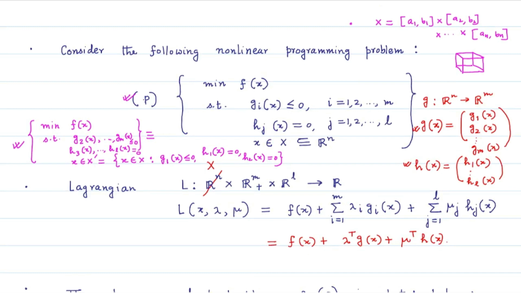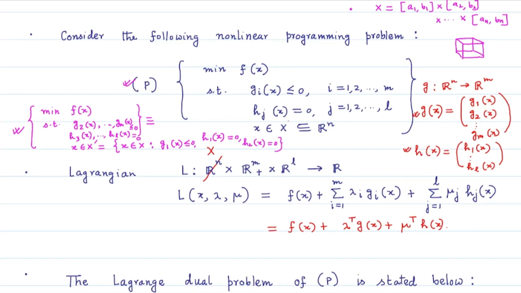And therefore for a given primal problem, for this nonlinear programming problem, we can have several Lagrangian dual problems. Therefore the Lagrangian dual optimization problem is not a unique optimization problem corresponding to a given primal problem.